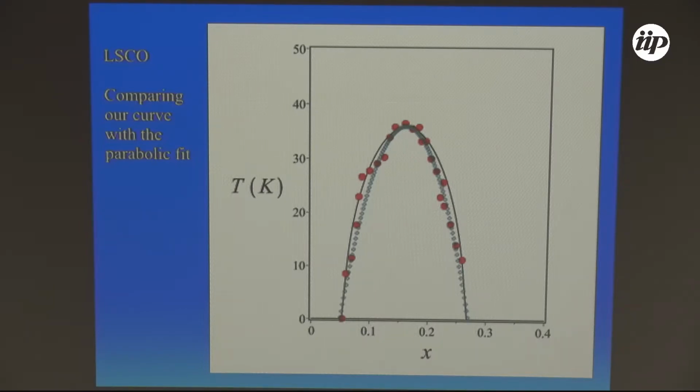This is TC as a function of X. The superconducting gap? Okay, I'm not plotting it here. LSCO: lanthanum, strontium, copper. Well, the experimental points are these.